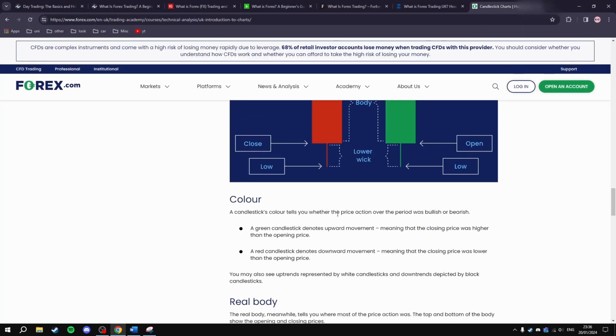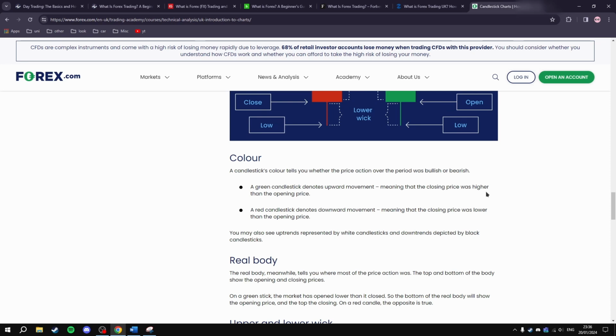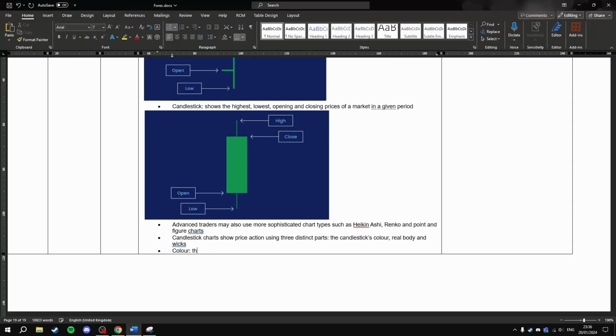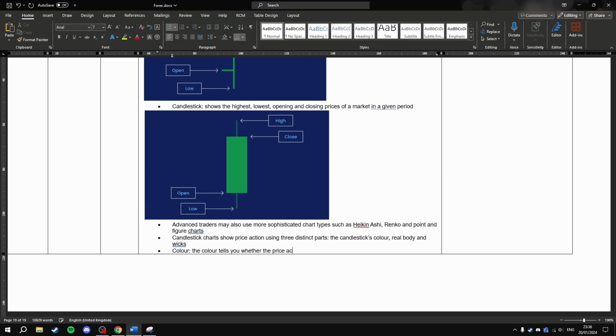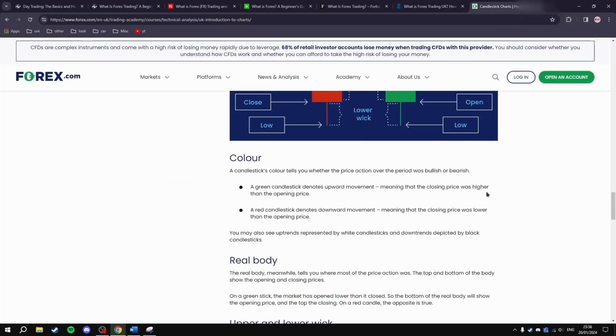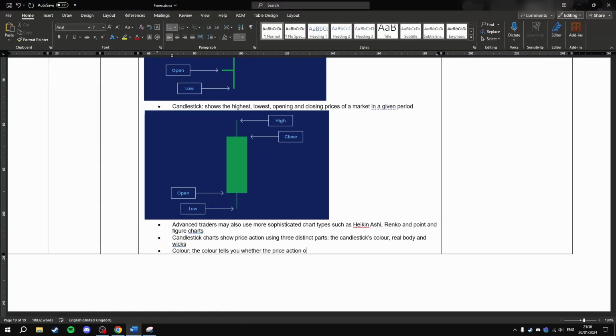A candlestick's color tells you whether the price action over the period was bullish or bearish.